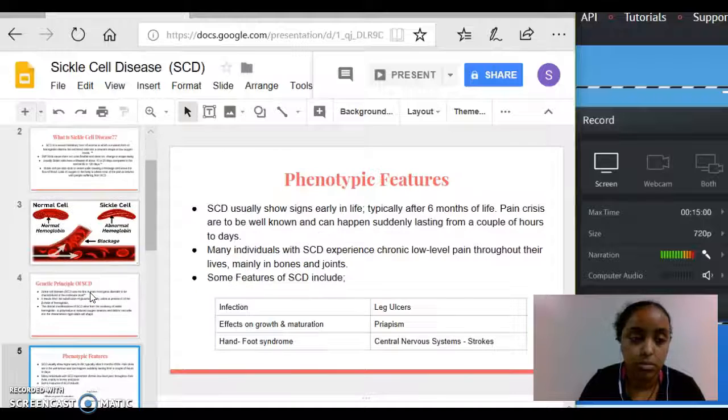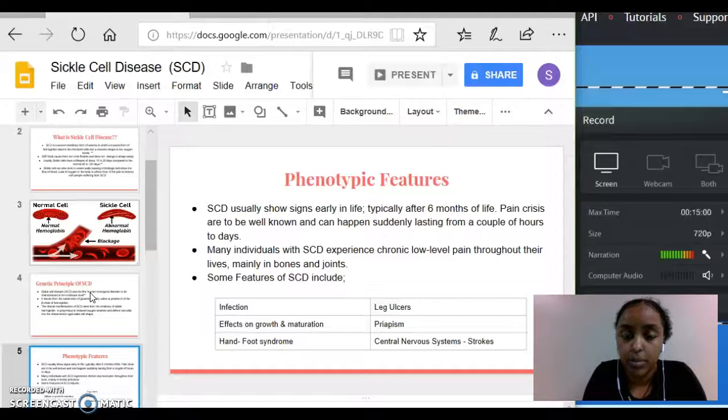Okay, the phenotypic features. SCD usually shows early in life, usually around 6 months. The pain crises are well known and can happen suddenly, usually lasting from a couple of hours to several days, and that's when people usually need to be hospitalized.